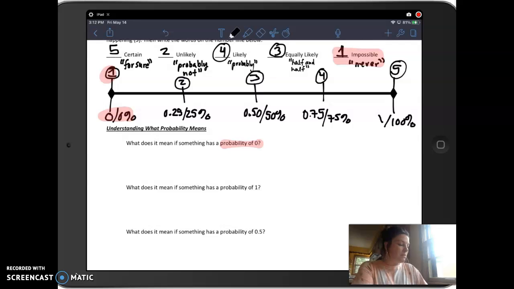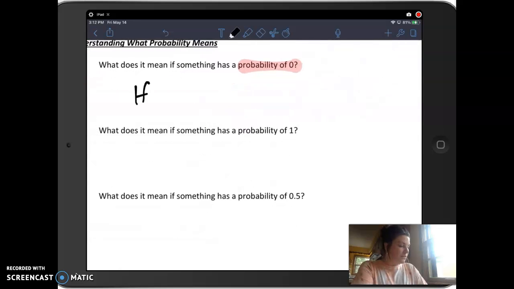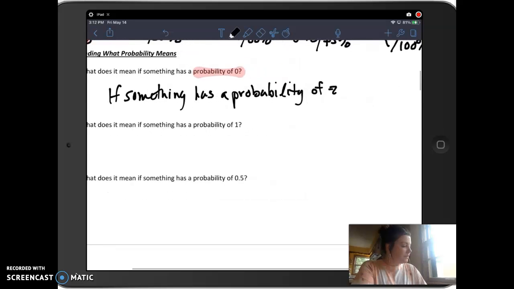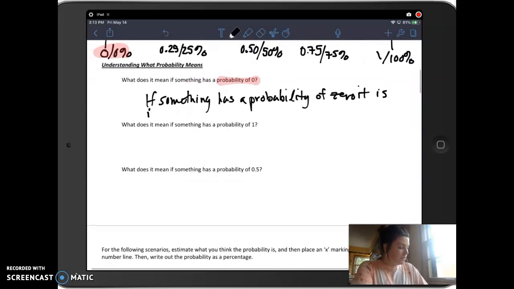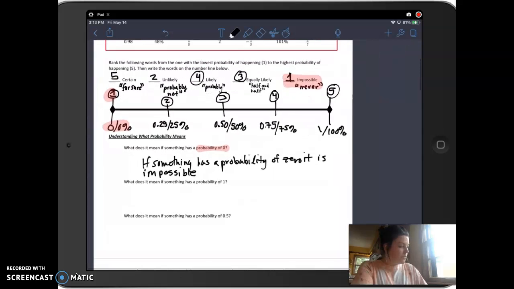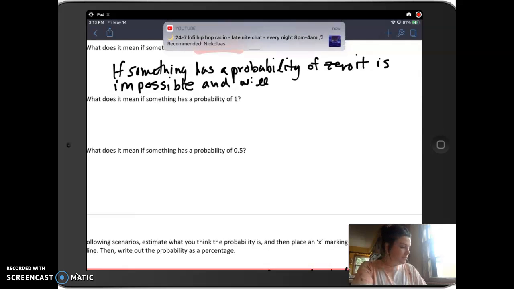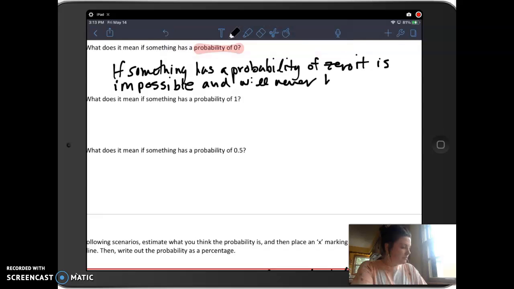If something has a probability of 0, it is impossible. Then what else did we say? It will never happen. All right, so there's our answer to that question.